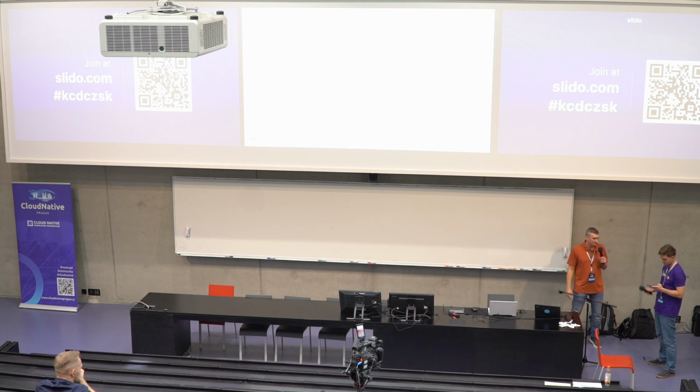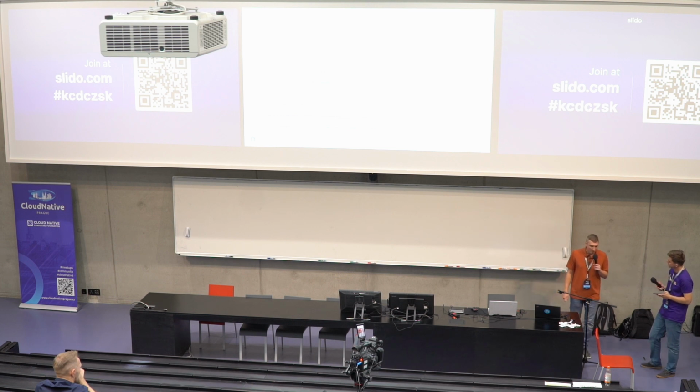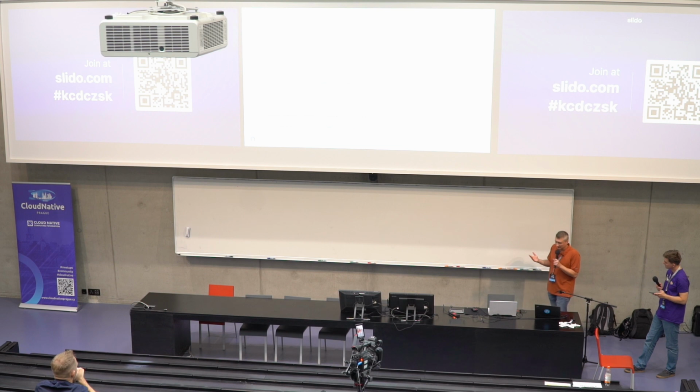Perfect. Another question is about whether this is for Kubernetes workloads, or can I use it only for major clouds, or what can I use it with? ClickHouse is for everything. It's a general real-time analytic database.